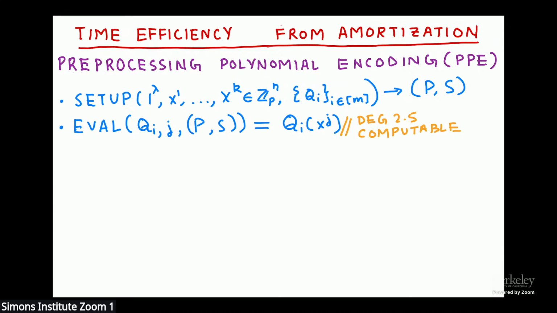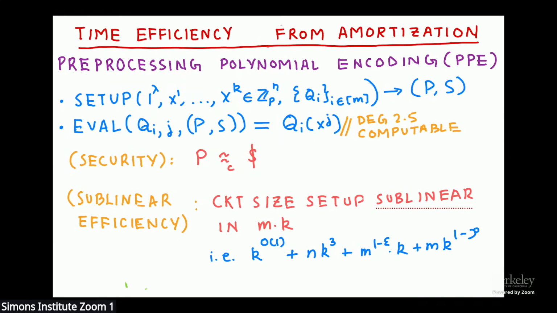It outputs the public part of the seed and the private part of the seed. Then there is an evaluation operation, which takes whatever monomial you're interested in for whatever input, and the seed, and it computes the monomial on that input. What I want is that, as before, this should be degree 2.5 computable.